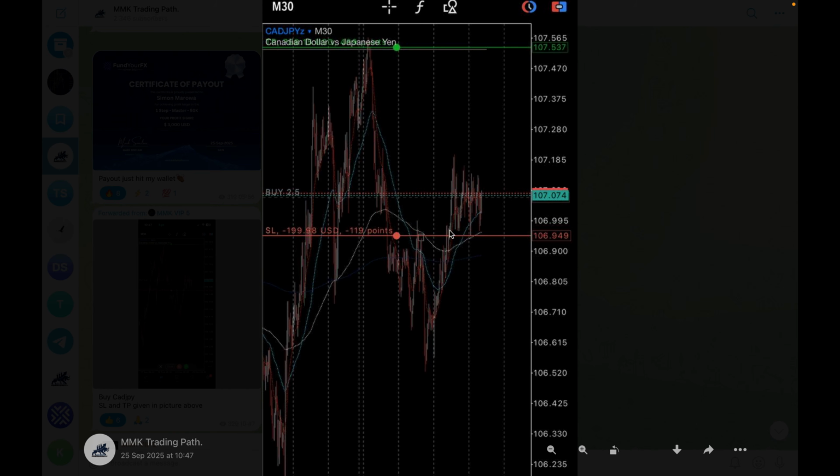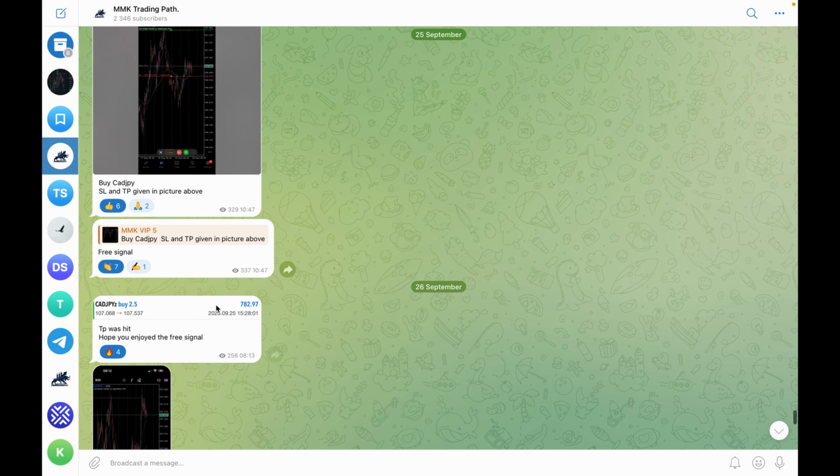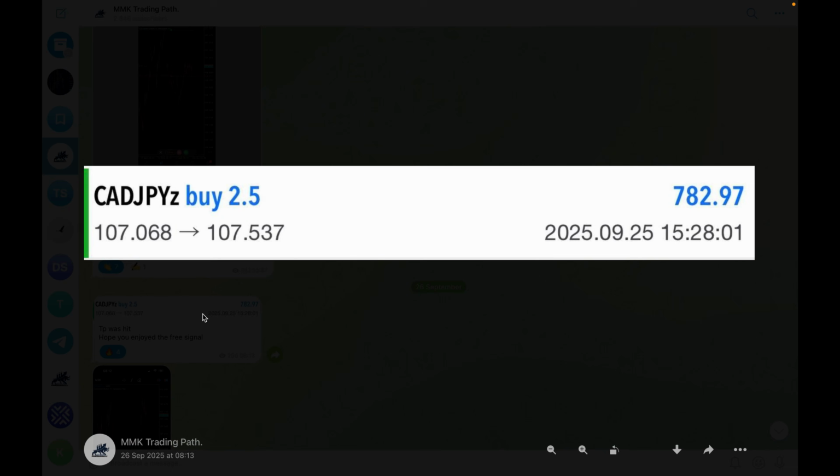My entry was right here. We had a tap at that level, a W formation set. My stop loss was just a few pips below the low of the day, and my targets were up here at 107.537. And as you can see, take profit was hit on CADJPY.